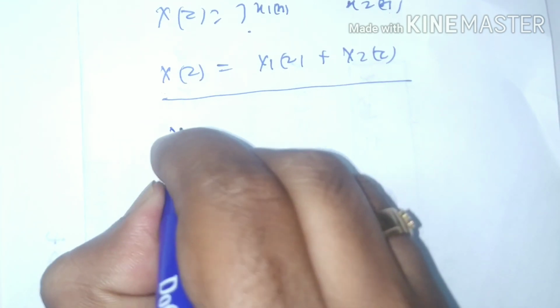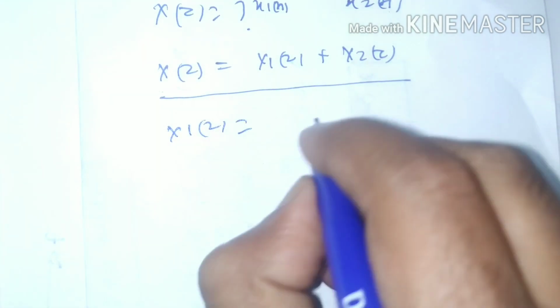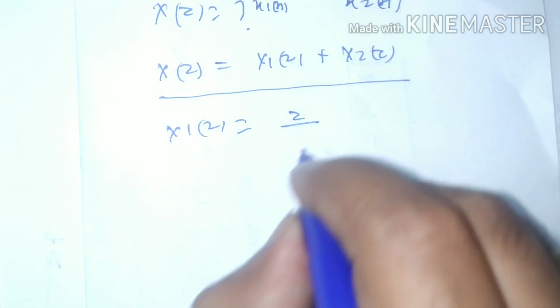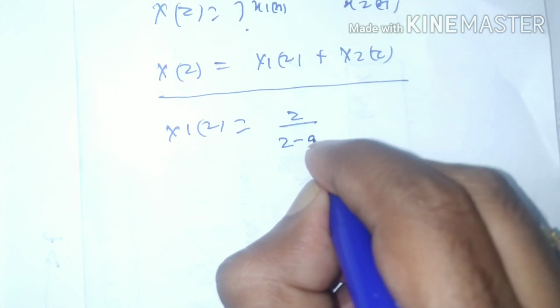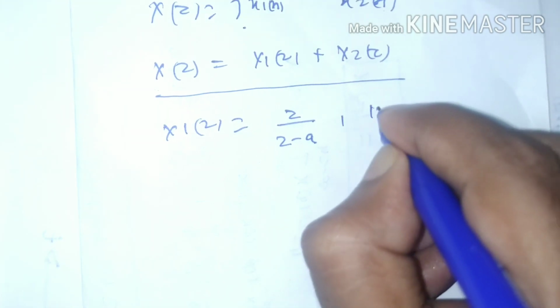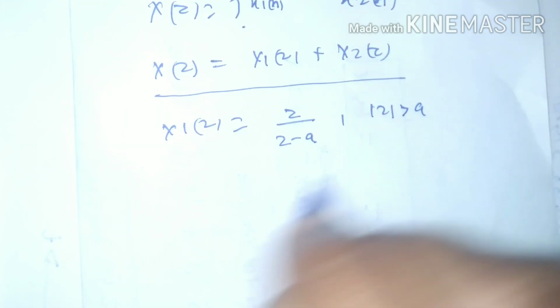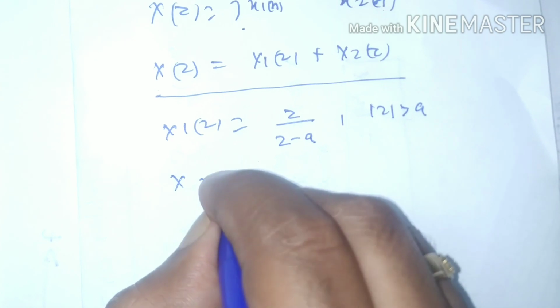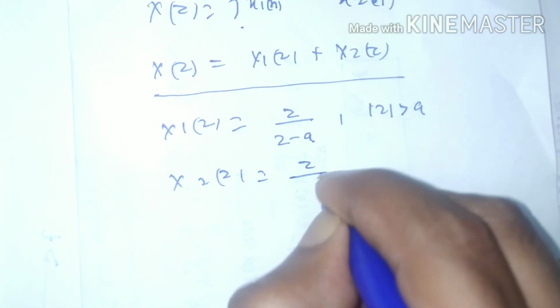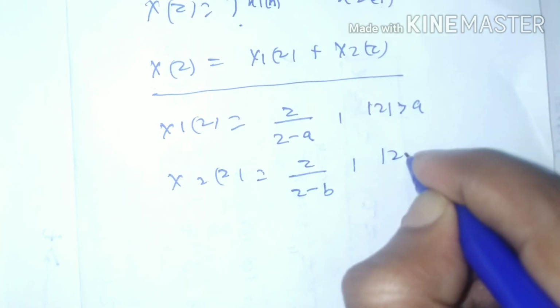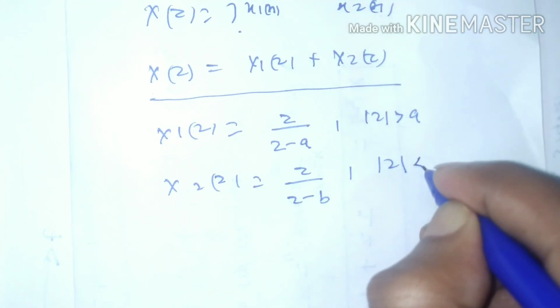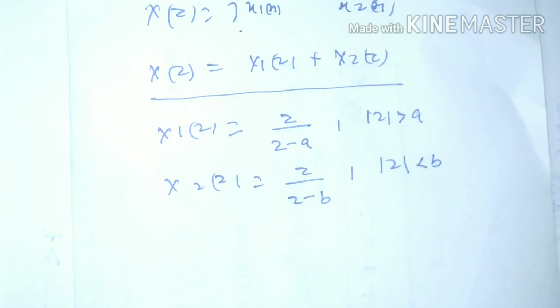Here, recalling the previous problem, X1(z) will be z/(z minus 1) (with a in general), with ROC the modulus of z greater than a, and X2(z) will be z/(z minus b), with ROC the modulus of z less than b.